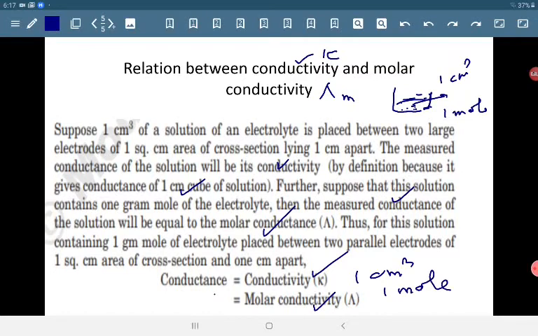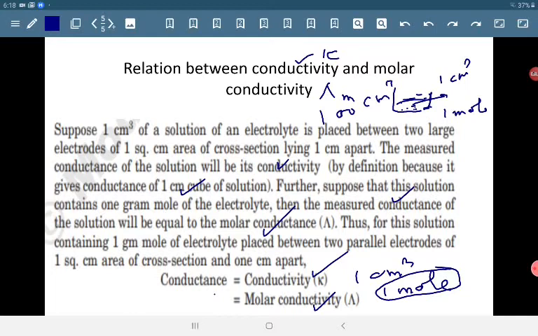Now suppose we dilute the solution to say 100 centimeter cubes. We make the volume of this solution 100 centimeter cube. Then the conductance will still be equal to molar conductivity because the solution still contains only 1 mole of the electrolyte. Now we know that conductivity is the conductance of 1 centimeter cube of the solution. So the conductance of each 1 centimeter cube of the solution is equal to its specific conductivity.